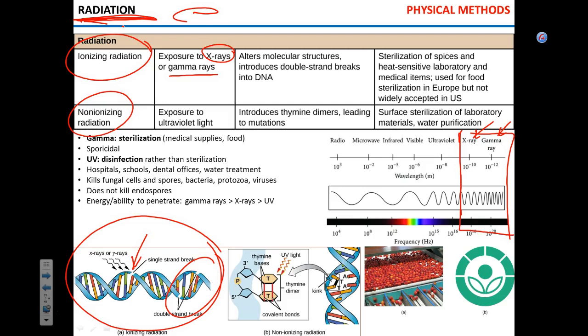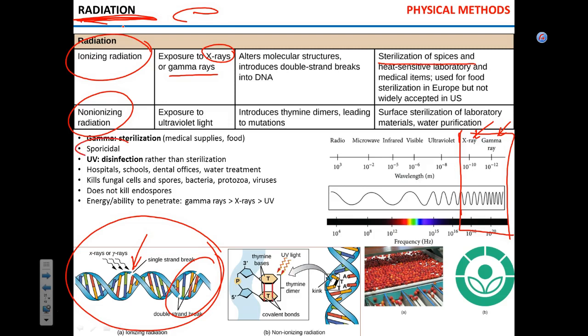Essentially what happens is the amount of mutations that accumulate in the DNA of a bacterial cell or viral particle goes way over the capacity of the cell to restore the integrity of DNA or to successfully replicate. The advantage of ionizing radiation, of course, is that it is sporicidal.